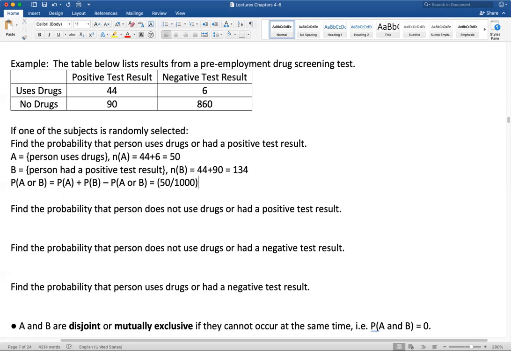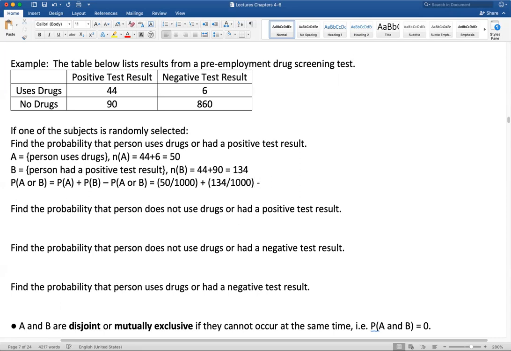Where does 1000 come from? The total number of persons who received a screen test. Plus P of B, the probability the person had a positive test result, is 134 divided by 1000. Okay, then the minus.